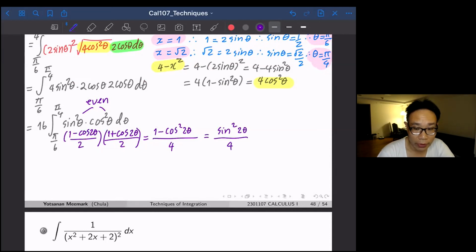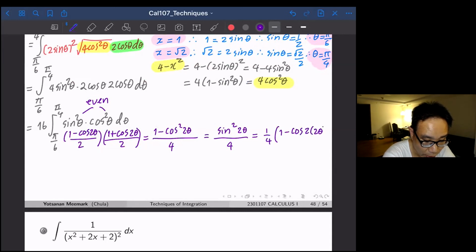Now you're going to integrate sine squared, so you change to another double angle. It's going to be 1/4 outside, and 1 minus cos of 4 theta over 2.